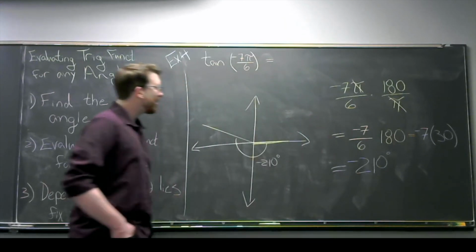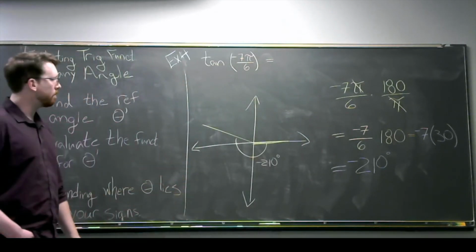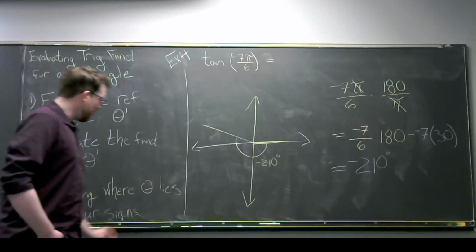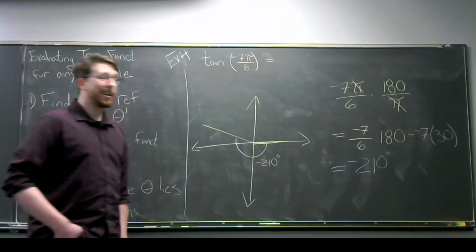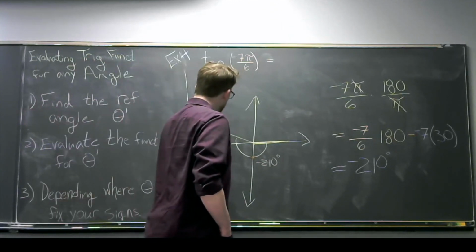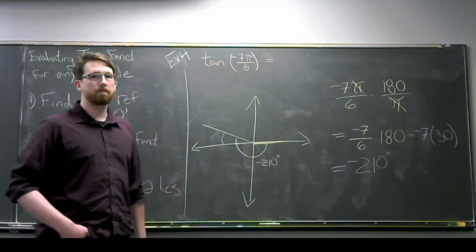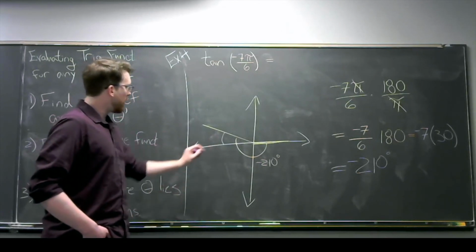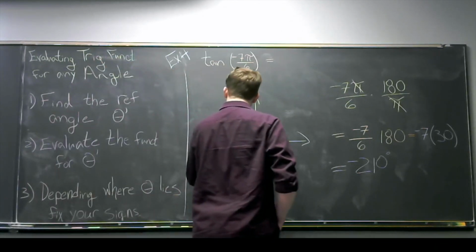It's going to look something like this now. Looking at this, you can easily see that the reference angle is going to be this angle here. This angle is 30 degrees.